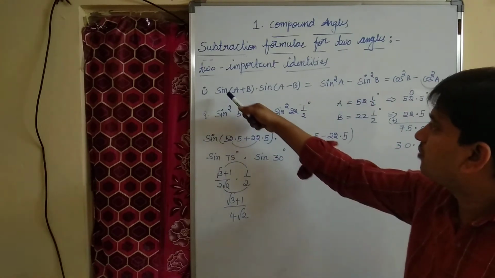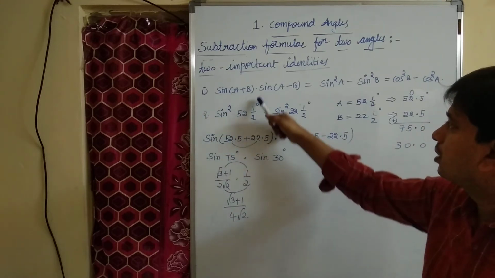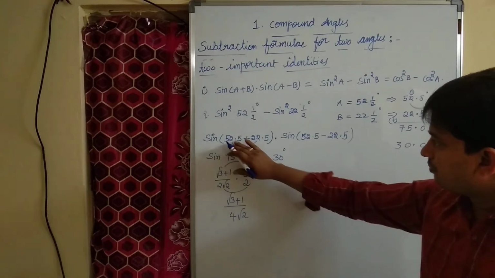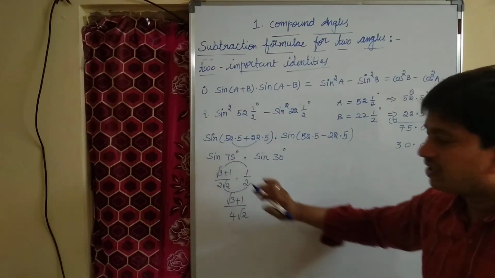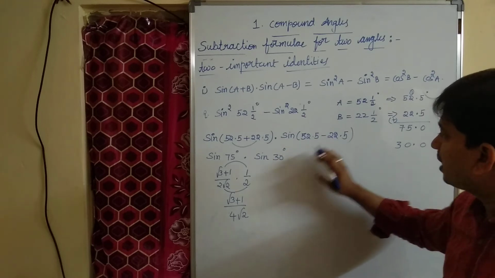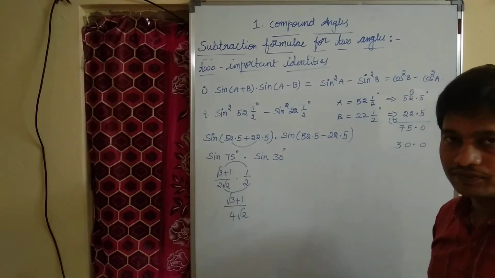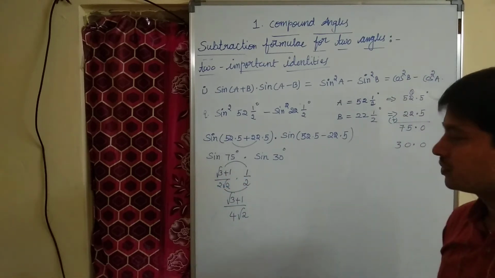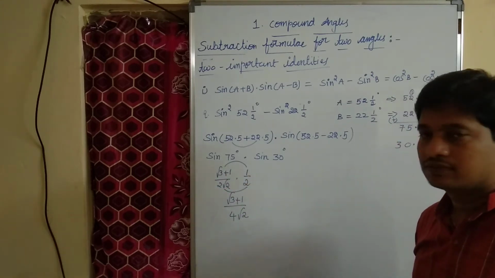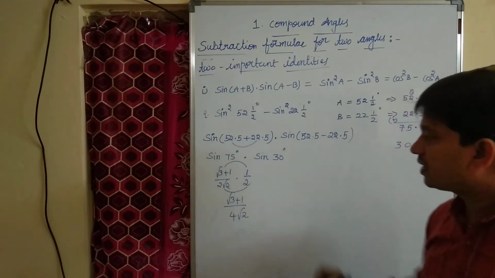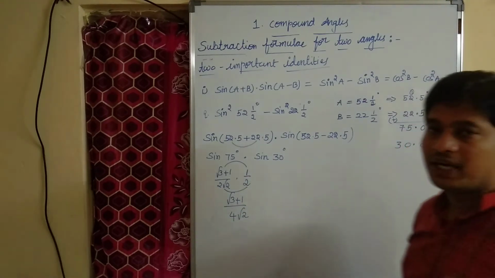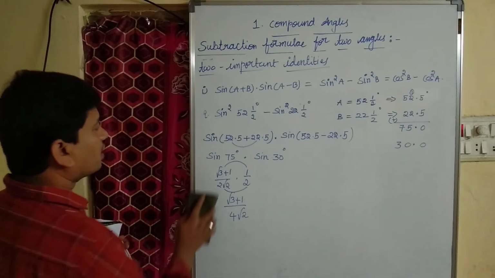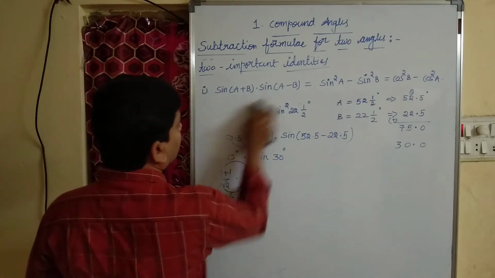So I can use the formula sin (a plus b) into sin (a minus b). 52.5 plus 22.5 is 75 degrees, 52.5 minus 22.5 is 30 degrees. So sin 75 is (root 3 plus 1) by 2 root 2 and sin 30 is 1 by 2. Product of numerators is (root 3 plus 1) into 1, over 2 root 2 into 2, that is 4 root 2. So this is our first important identity.